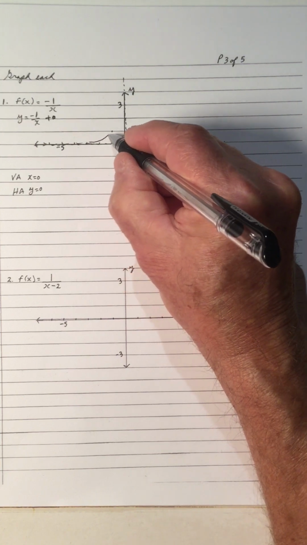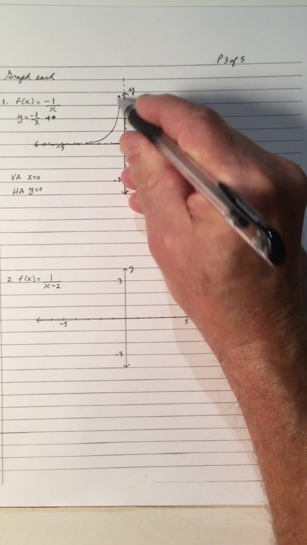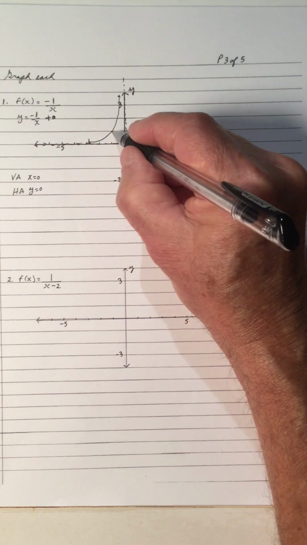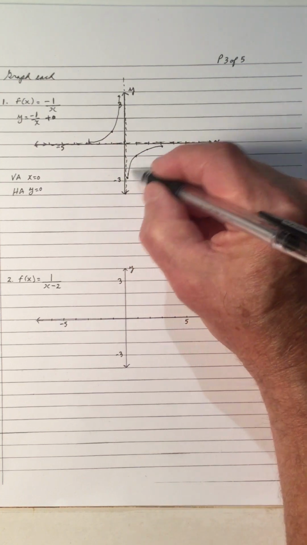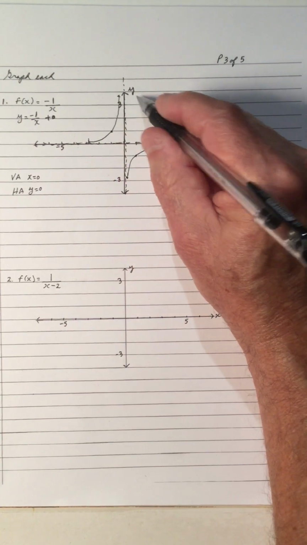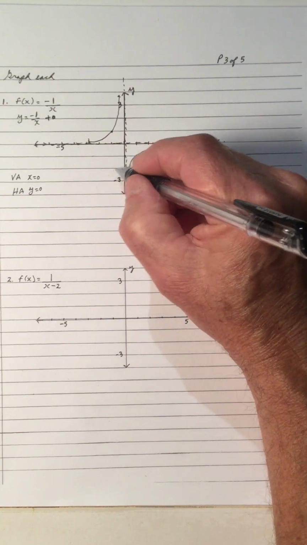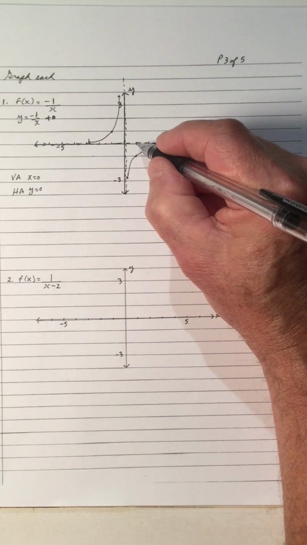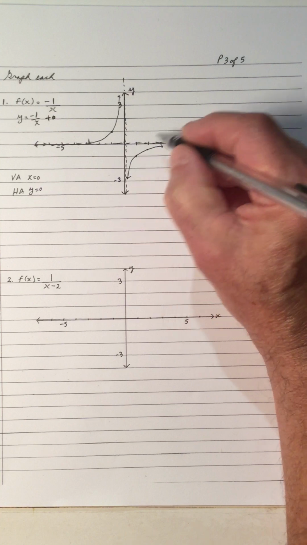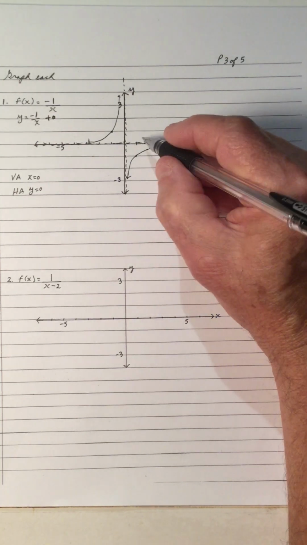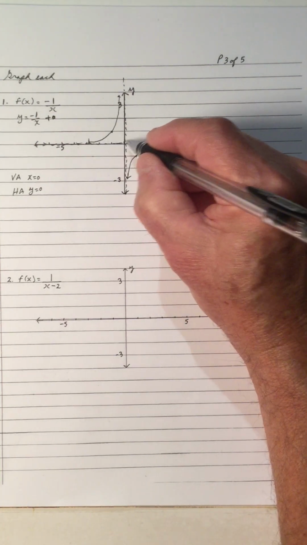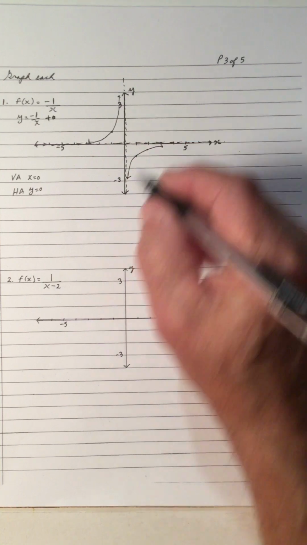And this one is doing this. And I did this point and this point to see what quadrants. So is it here, here, or where is it? By doing extra points, you can tell where it's going to be. And again, it has no x-intercepts and no y-intercepts.